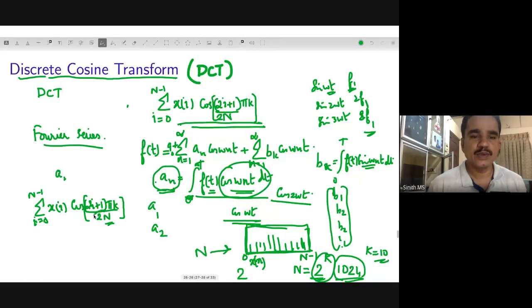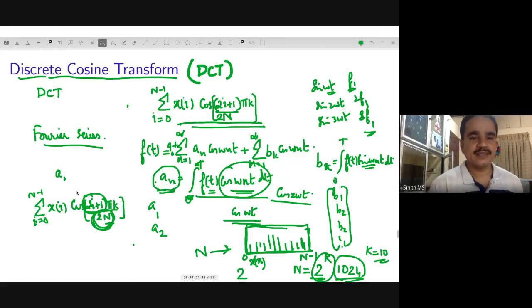So this 2n will always be even, and n itself will be a multiple of 2, and hence you have a 2i plus 1 here, which is an odd value which will not be divisible by capital 2n. So that's why this 2i plus 1 term came.